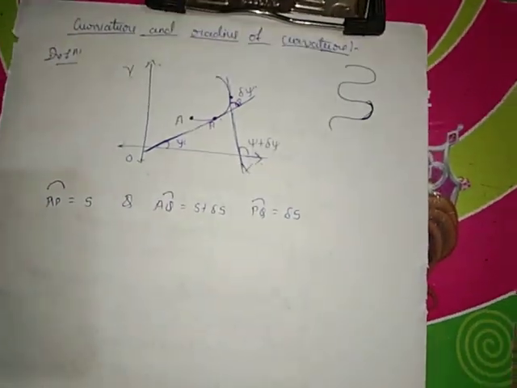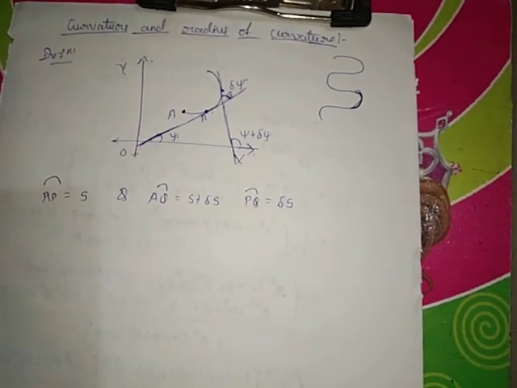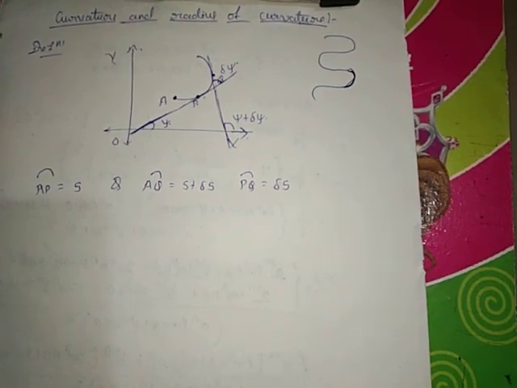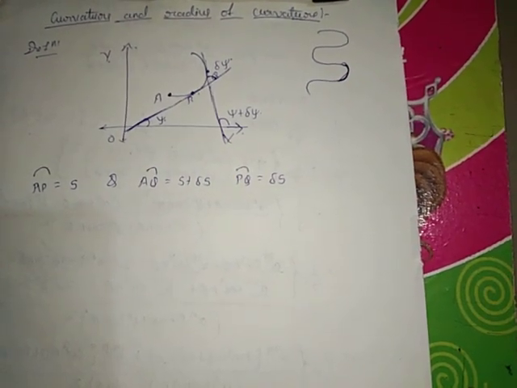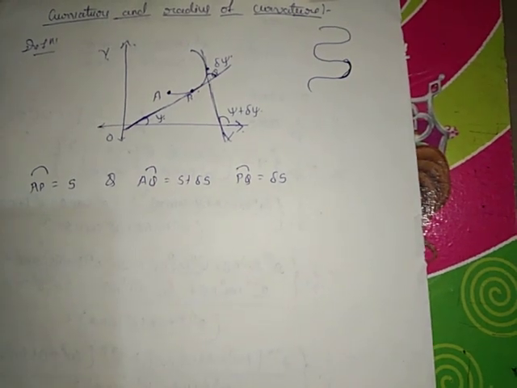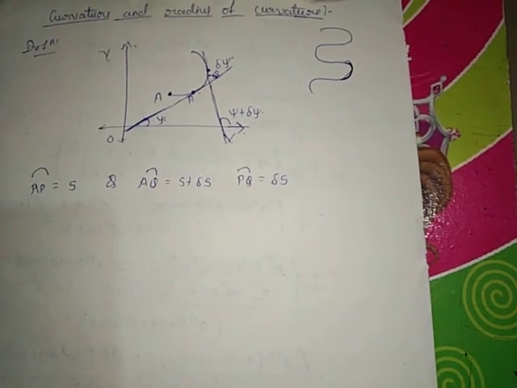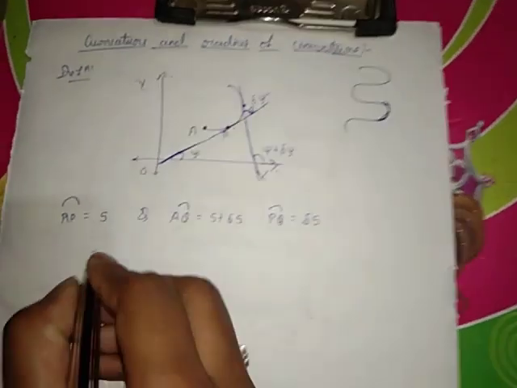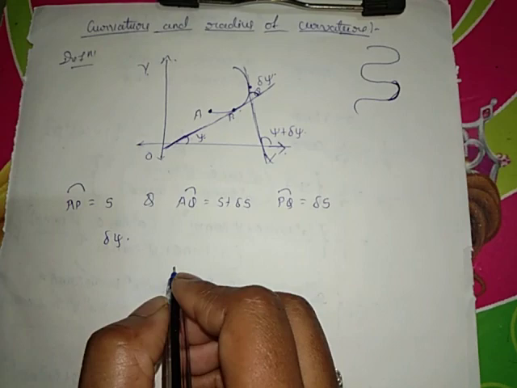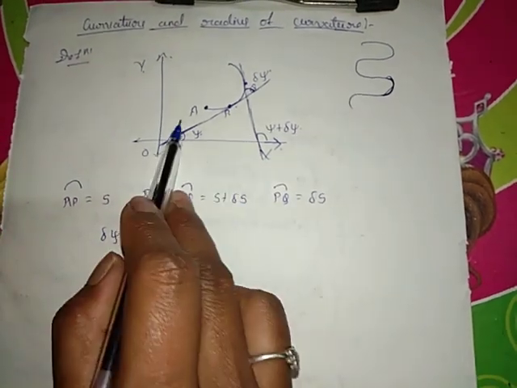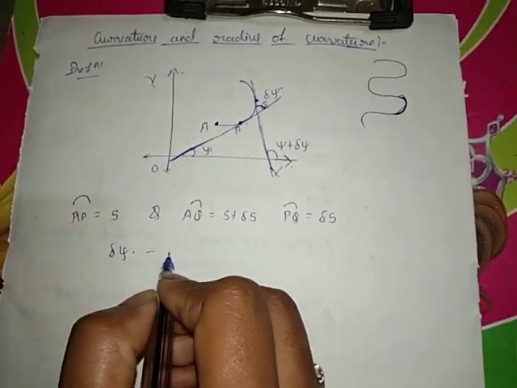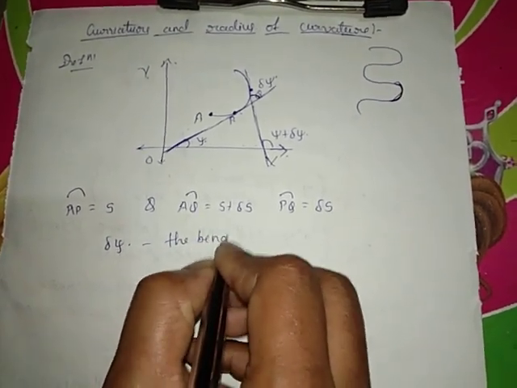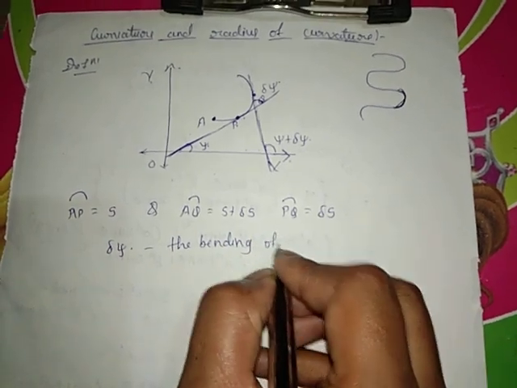So xi and xi plus delta xi are respectively the angles made by the tangents at points P and Q with the x-axis, and the angle delta xi between the tangents is called the bending of the curve.